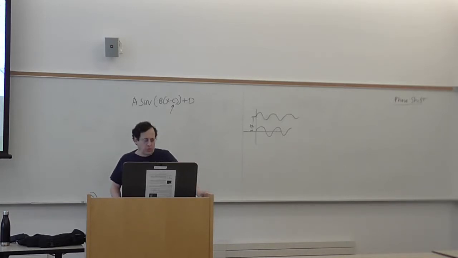Right? So it's only shifts that are between 0 and the period that are really meaningful. Like the sine and cosine function, right? Find the sine of 365, that's the same as the sine of 5. It's periodic.